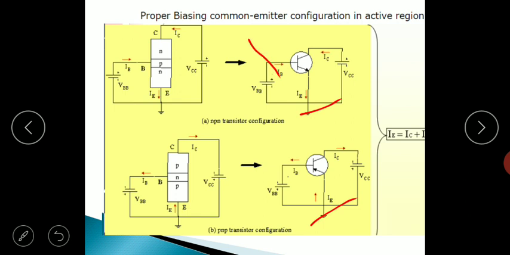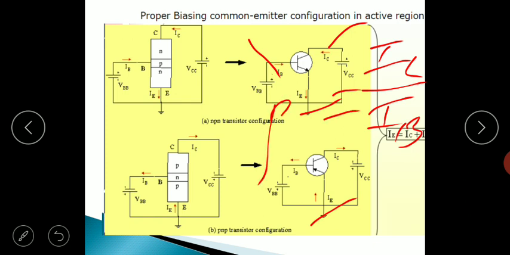So here base current is the input current and collector current is the output current. Hence, the ratio of collector current by base current is called the current gain of the common emitter configuration and is denoted by beta of the transistor.